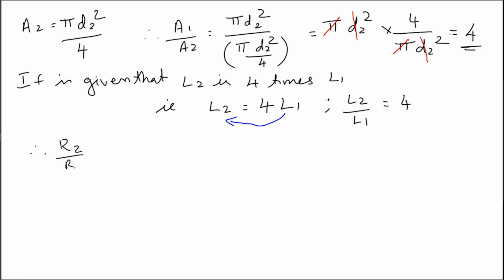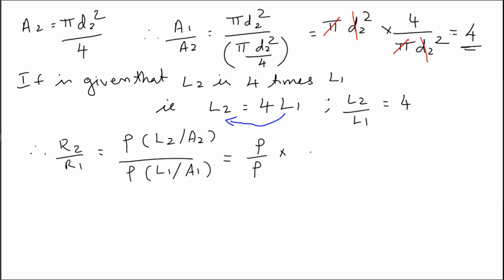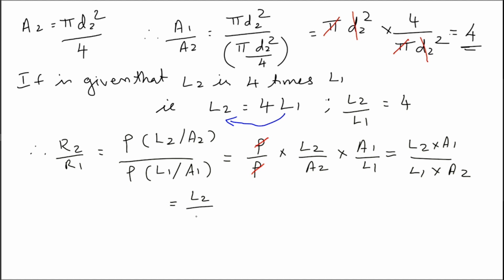Therefore, R2 by R1 is equal to rho into L2 by A2 divided by rho into L1 by A1, that is equal to rho by rho into L2 by A2 into A1 by L1. By cancelling common factors, rho and rho goes, so that this becomes L2 into A1 divided by L1 into A2, that is L2 by L1 into A1 by A2.